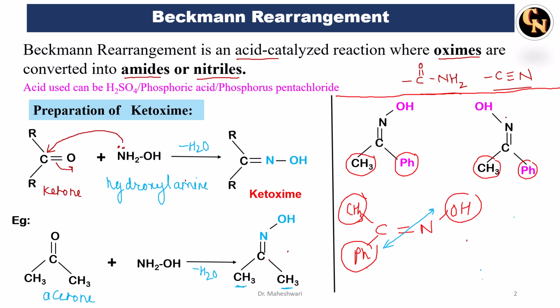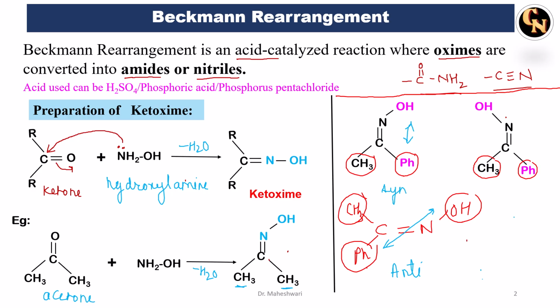So such an isomer we will call anti. Okay, and if they are on the same side, like here you can see, the priority, Ph will get the first priority. So this and OH, if they are on the same side, it will be syn.